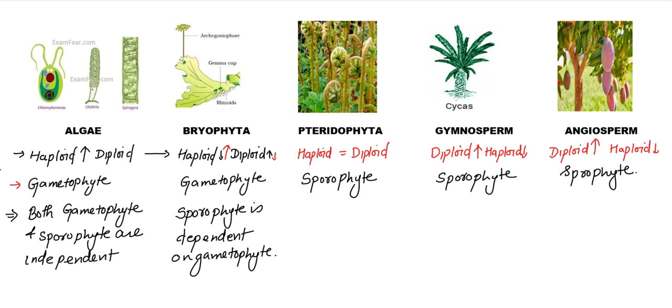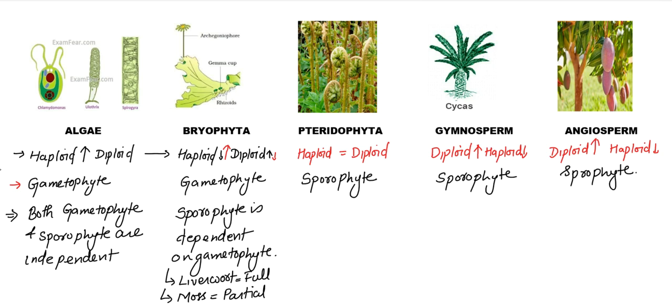So they are found to be dependent on gametophyte. In this case we have two examples. One is liverwort, where we see full dependence, and in case of mosses, we see they are partially dependent.